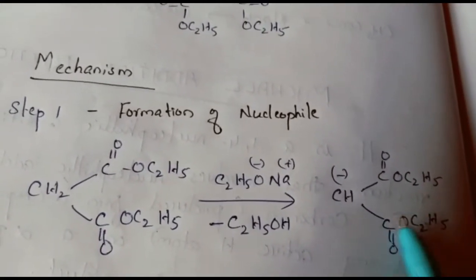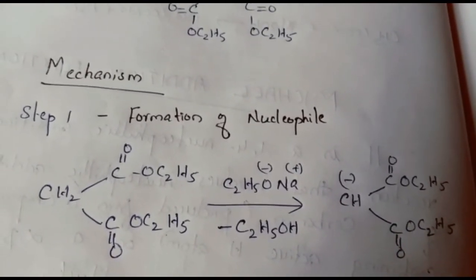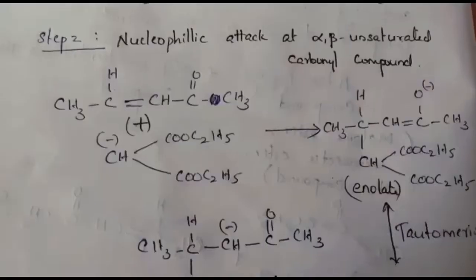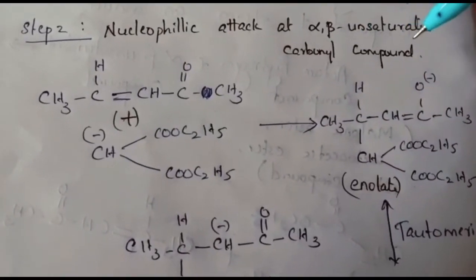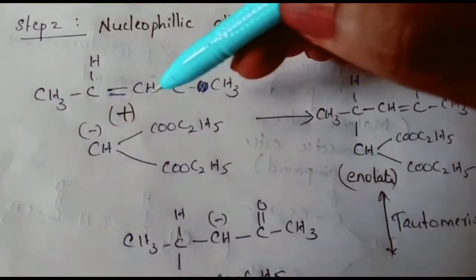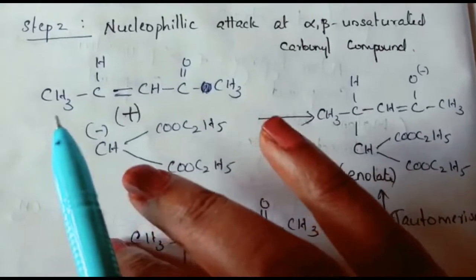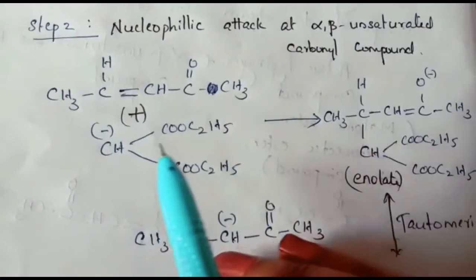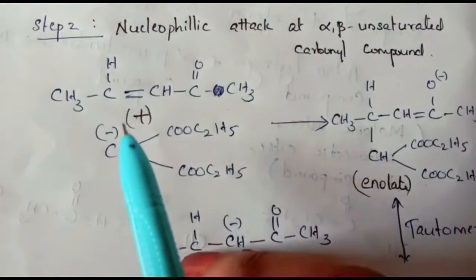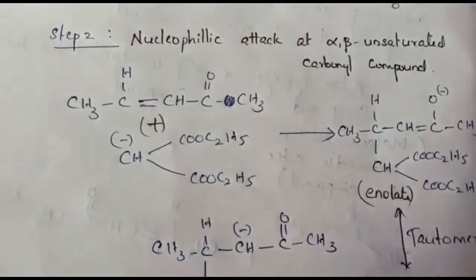This nucleophile will attack alpha beta unsaturated compound to form addition product. So second step is nucleophilic attack at alpha beta unsaturated carbonyl compound. This is our alpha beta unsaturated carbonyl compound CH3CH=CHCOCH3 that will react with our nucleophile CH minus (COOC2H5)2. Here what will happen?